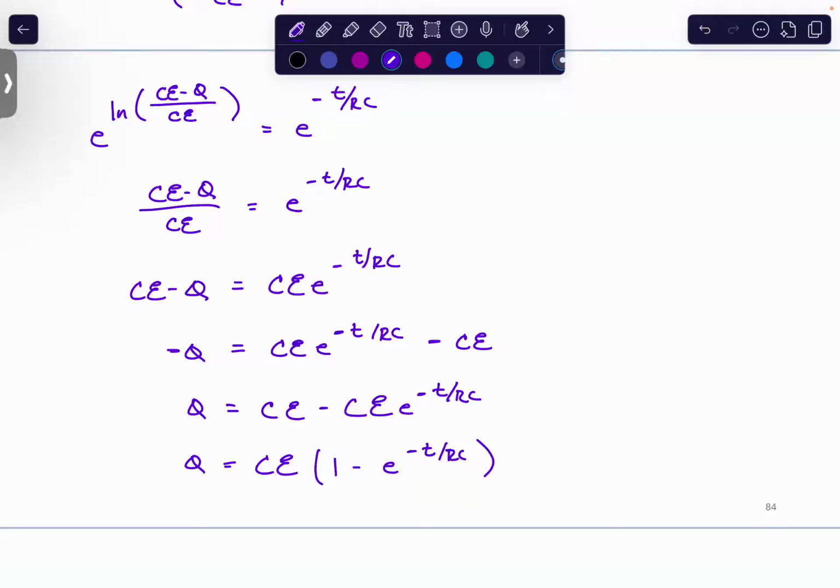So once the capacitor has been fully charged, your current, you're going to have a charge on there of C delta V. So what is that going to be?